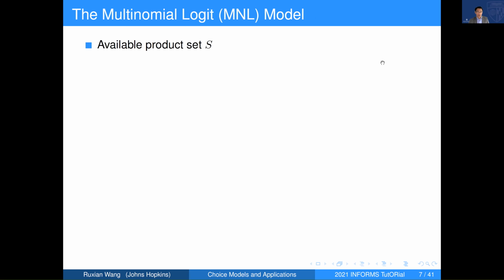The multinomial logit choice model, I think we are quite familiar with this model. Because of the nature of this tutorial presentation, I want to spend some time on this very basic, very famous choice model. Let's say the available product set is S, and the utility for any item i in S, as we said before, has two parts: little u_i, the deterministic or nominal utility, and xi_i, a random utility term.